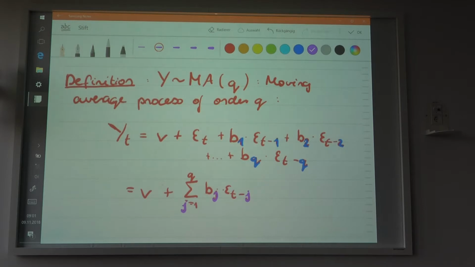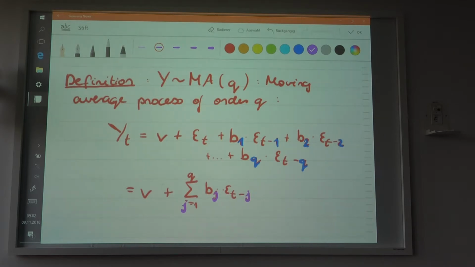In this representation, the properties of the process are relatively simple, because what you see immediately is that the process is stationary. The expectation doesn't depend on time, the variance doesn't depend on time, and the autocovariance doesn't depend on time either.